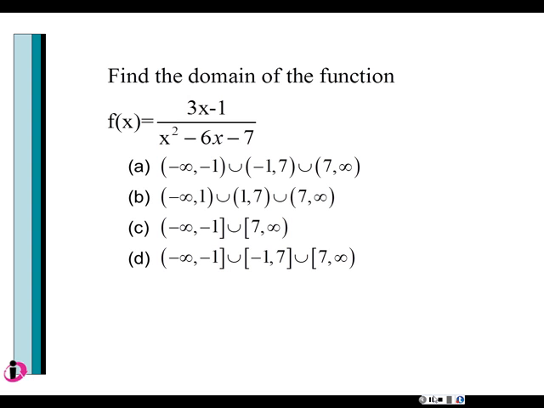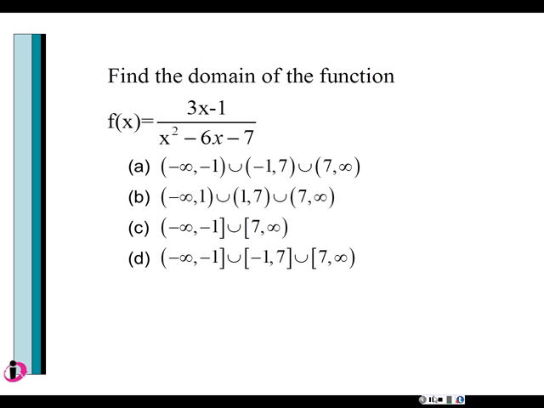So this is minus 6 plus minus square root of b square minus 4a, where a is 1, right? c is negative 7, over 2a. Remember the formula, minus b plus minus square root of b square minus 4ac, divided by 2a.